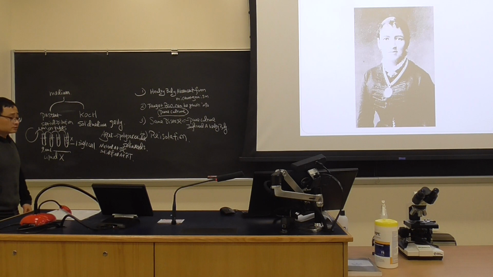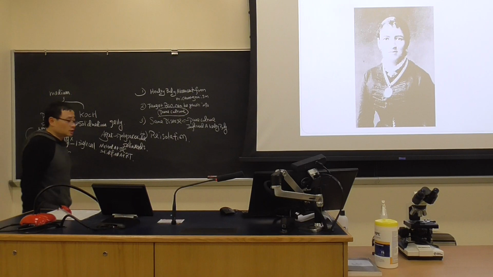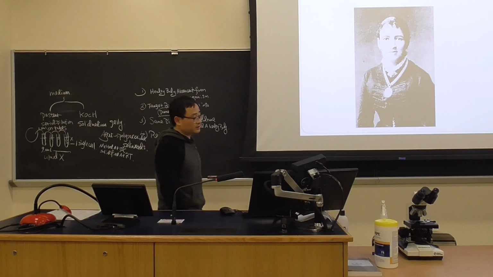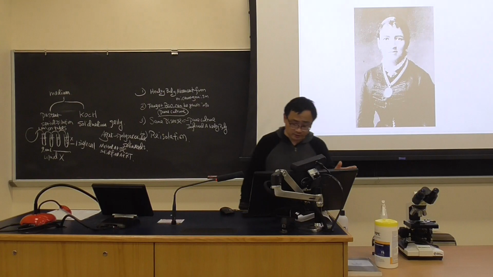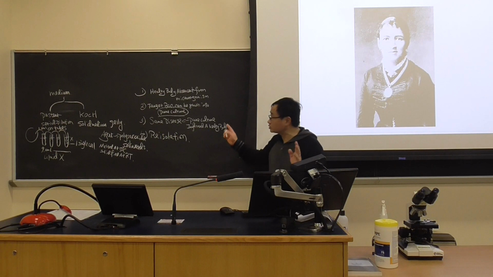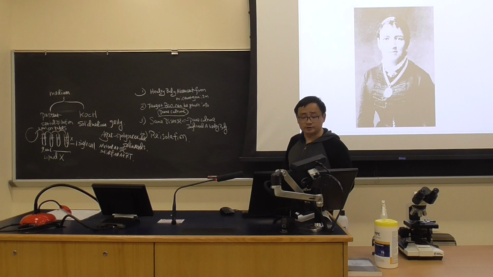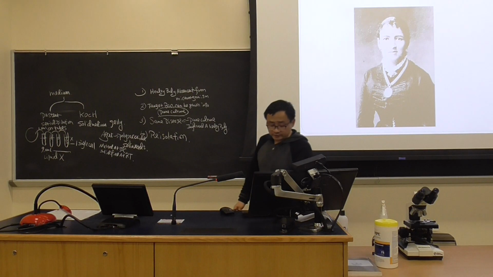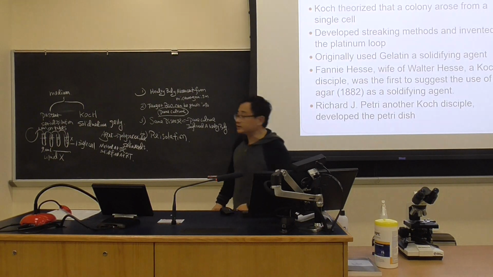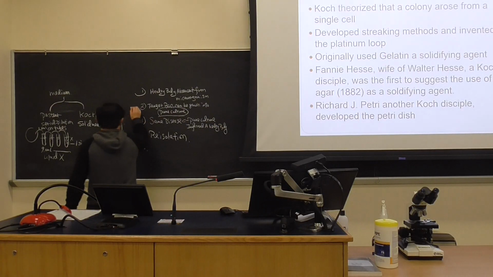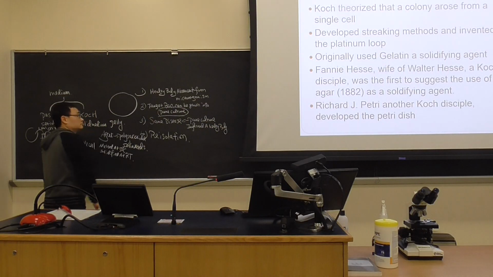So, Walter Hesse told Robert Koch the idea from Fanny Hesse, and Koch said, yes, it's a good idea. Then they started using agar to isolate the bacteria. Now, by the time, what is the container for the agar?